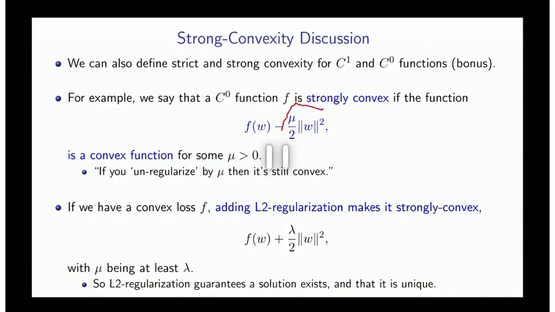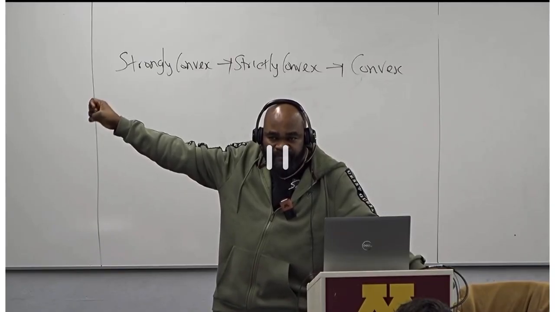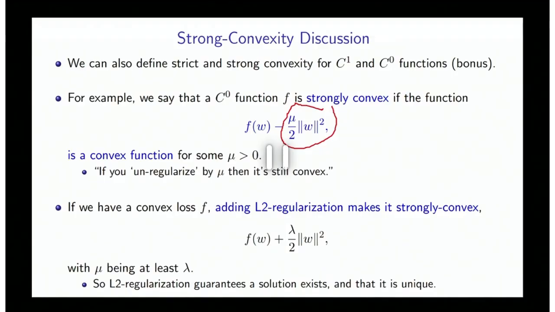Take a look at this one. That's another convex. I walked you through this the other time. A norm is convex. Square of a norm is convex. And non-negative scaling is going to have mu over 2, provided mu is positive. You remember non-negative scaling preserves convexity as well. So this will give us a strongly convex.